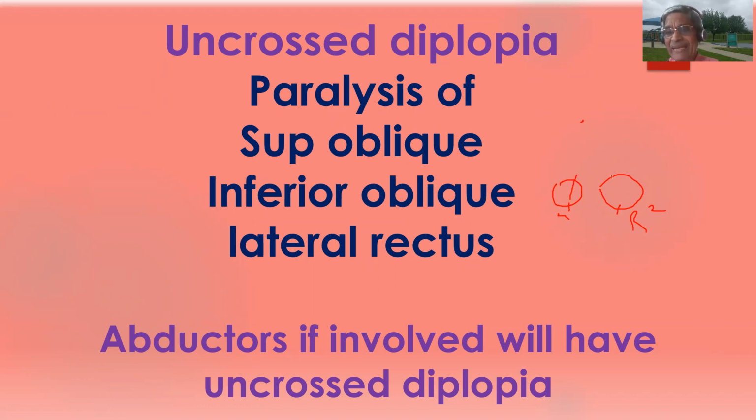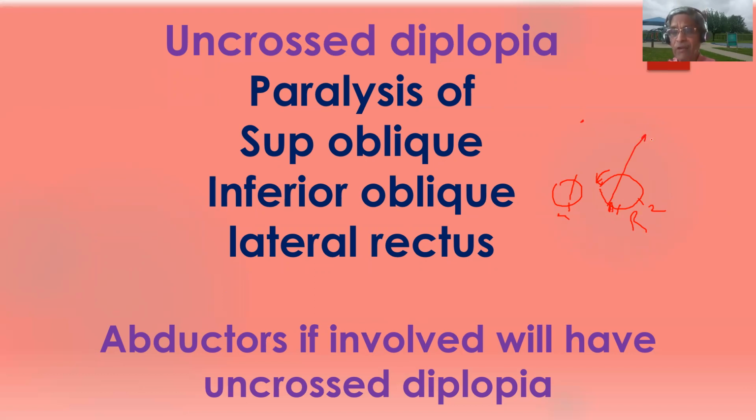That means the right eye cannot abduct, so the eye will go into convergence because of adduction overactivity. The eye has come inwards. Now what will happen? This object will fall on the nasal retina, because the fovea has gone here. The image is falling on the nasal retina. Anything on the nasal retina is projected to the temporal area only.